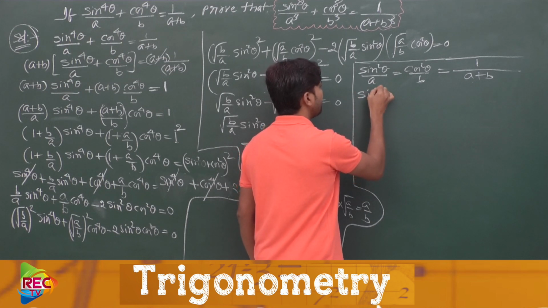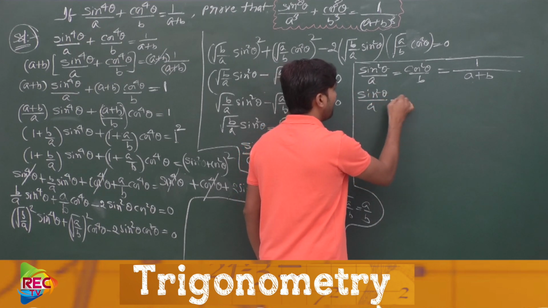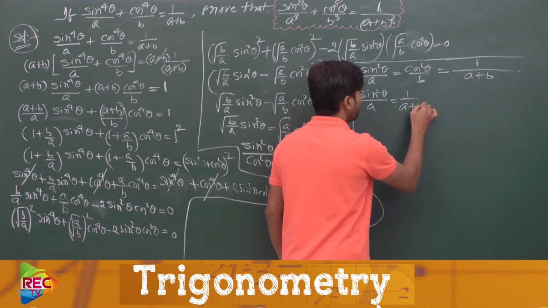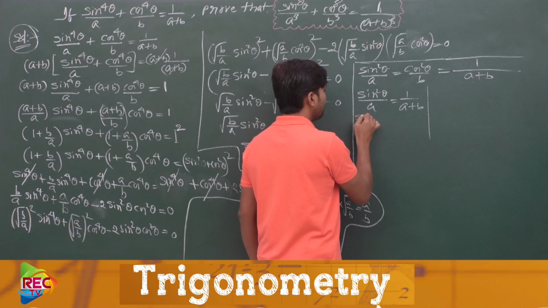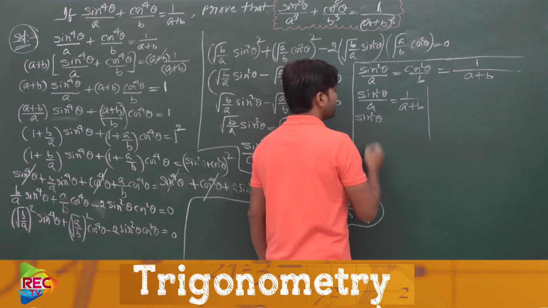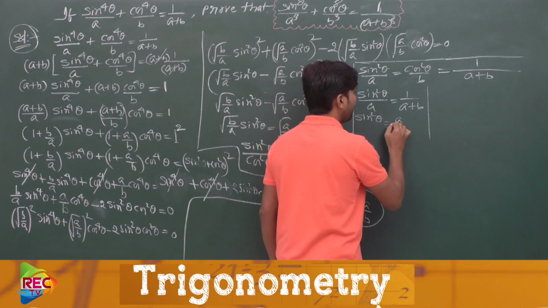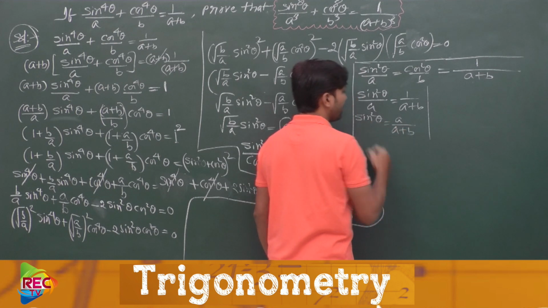So applying the same rule, we are taking these two equal ratios now: sin square theta by a equal to 1 by a plus b. Right? From this what can we write? The value of sin square theta? So sin square theta equal to a by a plus b.